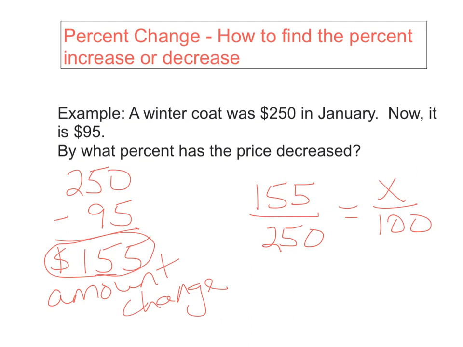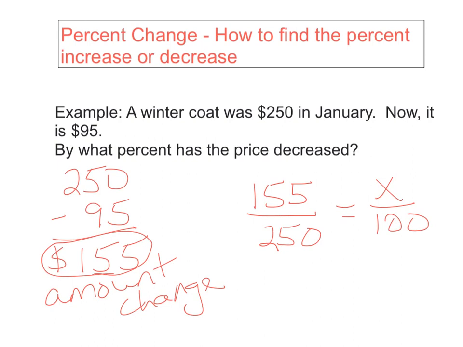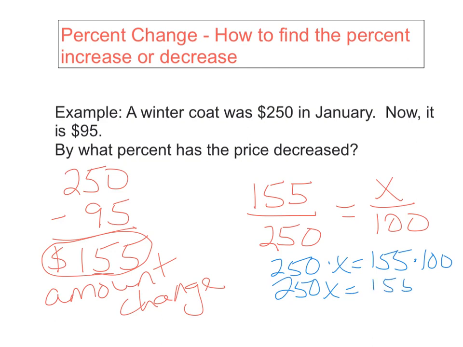So we take 250 times x, and then 155 times 100. So 250 times x is 155 times 100, which means 250x is 15,500. Because this is 250 times x, we divide to find our final answer.